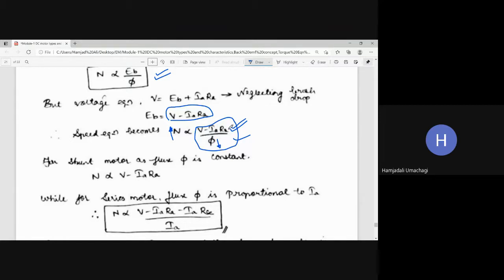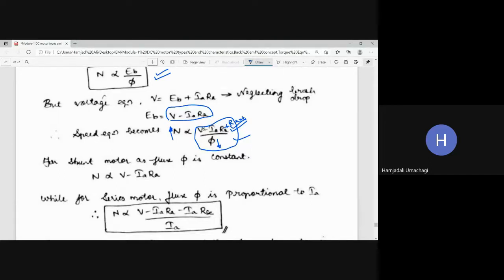Armature voltage control method means what? Here you have IaRa, where Ra is the armature resistance. Along with the armature resistance, you add an extra resistance, Rext, connected in series with the armature. If Rext is connected along with Ra, the resistance increases, so the drop Ia(Ra plus Rext) increases.